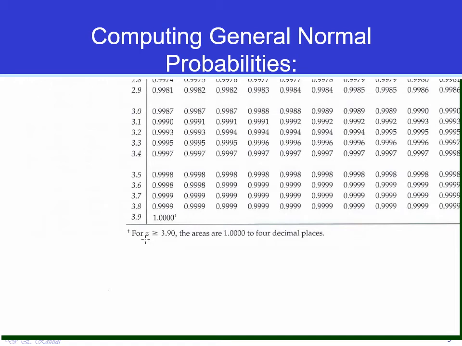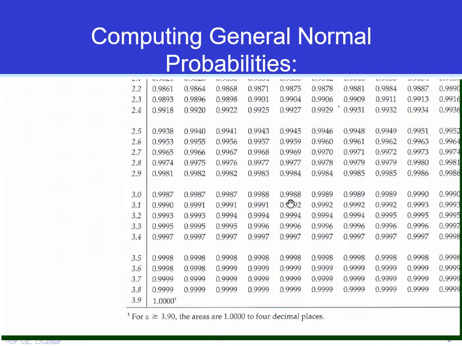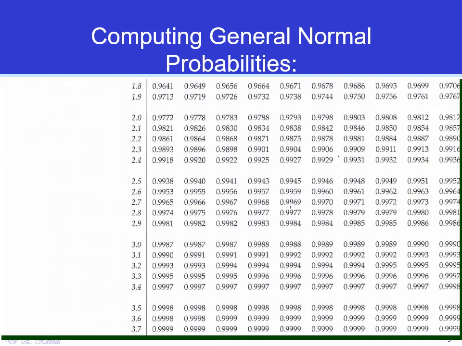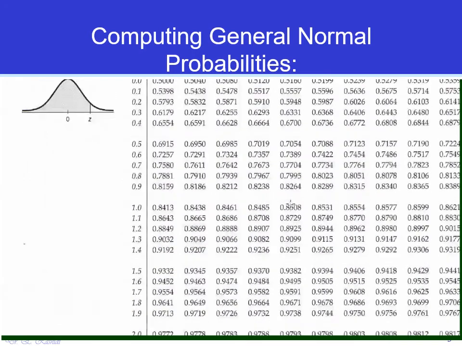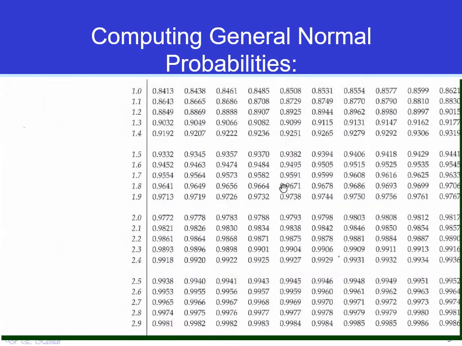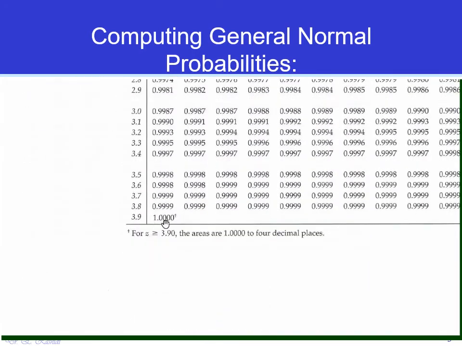It says for z greater than 3.09, the areas are 1 to 4 decimal places. That means that to 4 decimals, the value is the same. So if you don't look for more than 4 decimals, then you shouldn't care about values beyond 3.09. You can just approximate with 3.09.